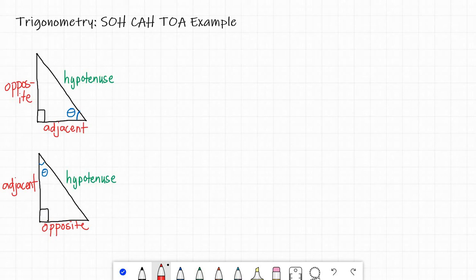So depending on which angle you're considering, which angle you may be given in the problem, or maybe you're asked to find a certain angle, depending on that angle, the labeling of opposite and adjacent will change. So just be aware of that fact.